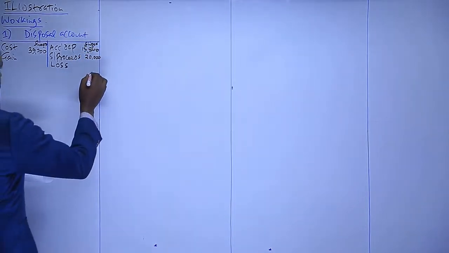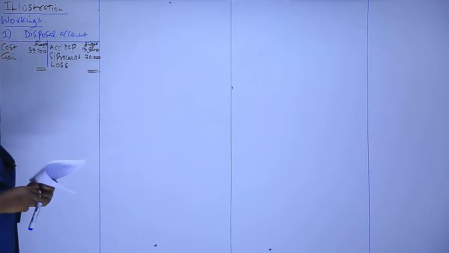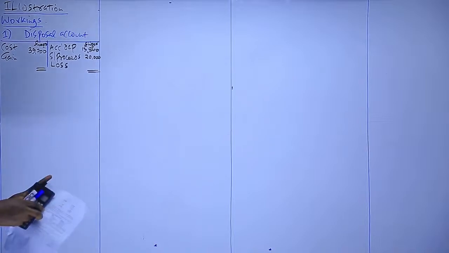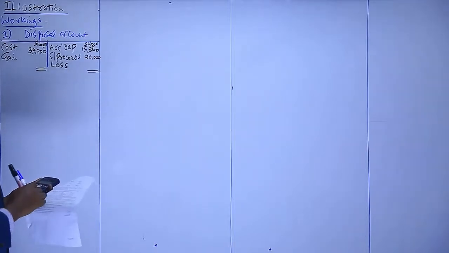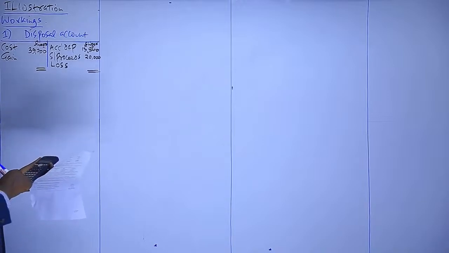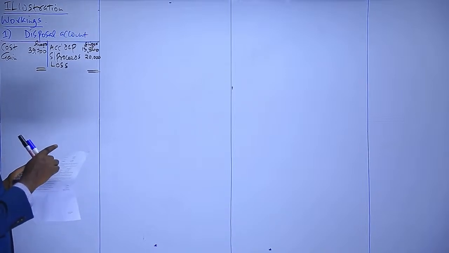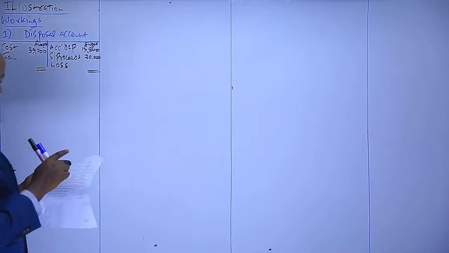15,860. So what we need to do, we balance our account here, and the balancing figure, if on the debit side is a gain, if on the credit side is a loss. So let's add what we have on the credit, 15,860 plus 20,000. So that will give us 35,860.